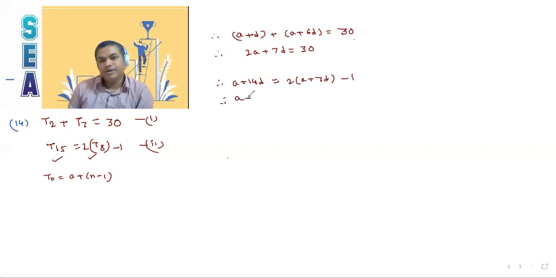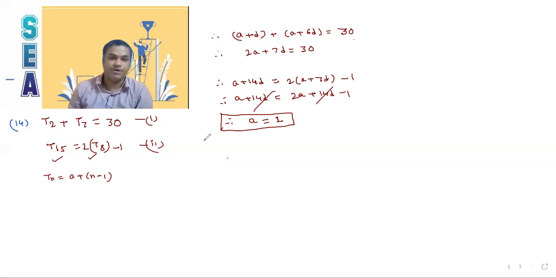So this will become a plus 14d is equal to 2a plus 14d minus 1. So 14d and 14d will cancel each other and eventually we will get a is equal to 1. So now it makes a lot of sense to go with a is equal to 1.